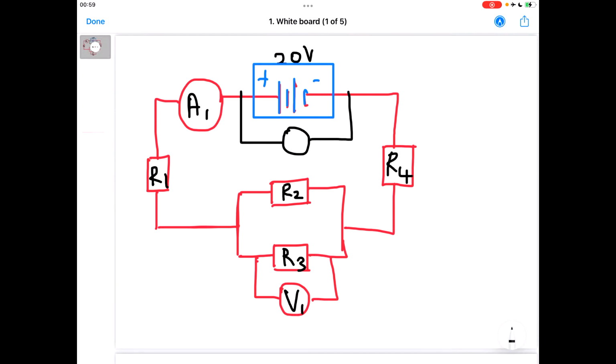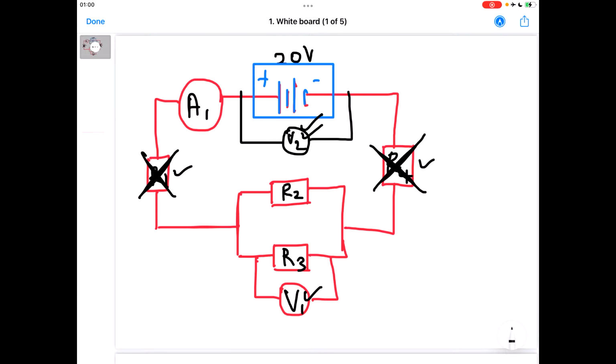You won't say V2 is equal to V1. Why? Because you still have the series connections. Only if you did not have that series connection, then you're going to say V2 is equal to that.